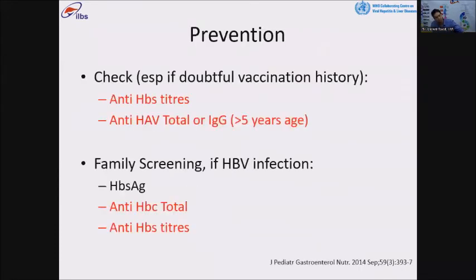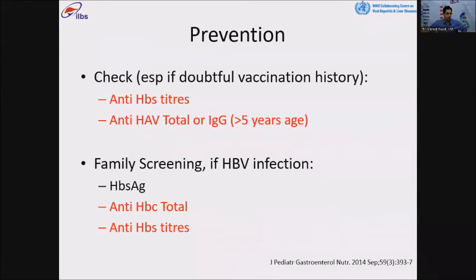How do you prevent it though? There is no permanent cure for hepatitis B. Therefore, we always say that vaccination is the cure. All patients should be vaccinated against hepatitis B. As a gastroenterologist, we always tell them to get vaccinated against hepatitis A also, because it's a vaccine preventable disease.